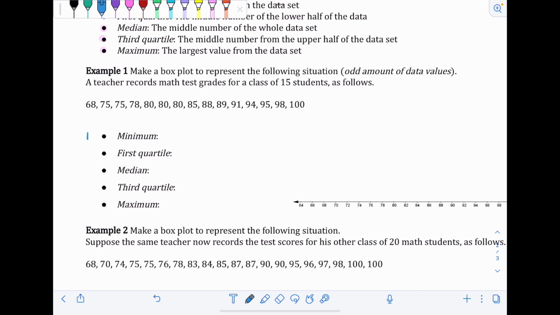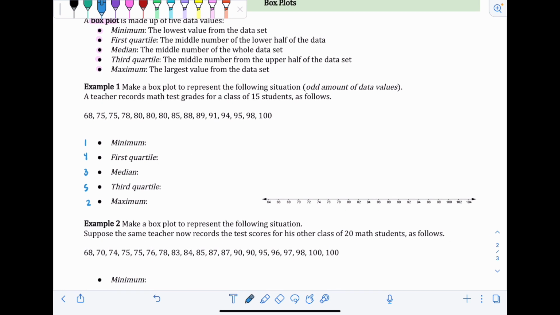So I would find the minimum and then find the maximum. And then I'm going to find the median, and then I'm going to find the first quartile, and then I'm going to find the third quartile last. I know it's probably like, well, why didn't you just list them in that order? But you'll see once we actually get our values, having minimum, first quartile, median is going to translate a little bit better once we go to create our plot.